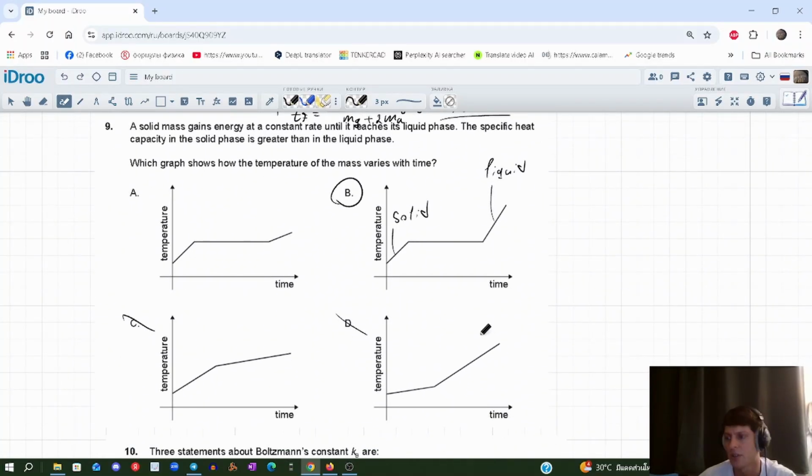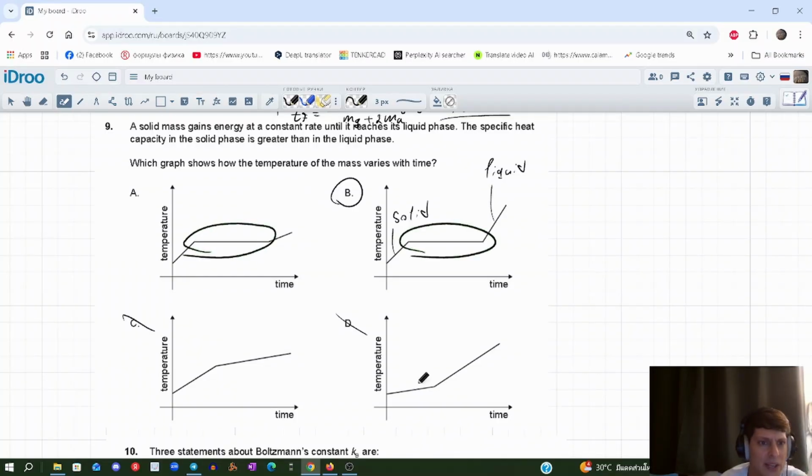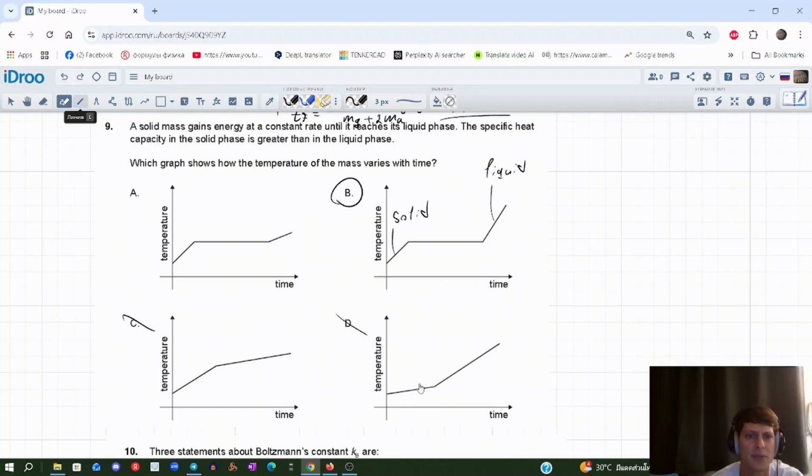C and D are not our options for sure, because we don't have this region of melting. We have the melting regions only in options A and B. And our option is B, because they say that in the solid phase the specific heat capacity is greater than in the liquid phase.